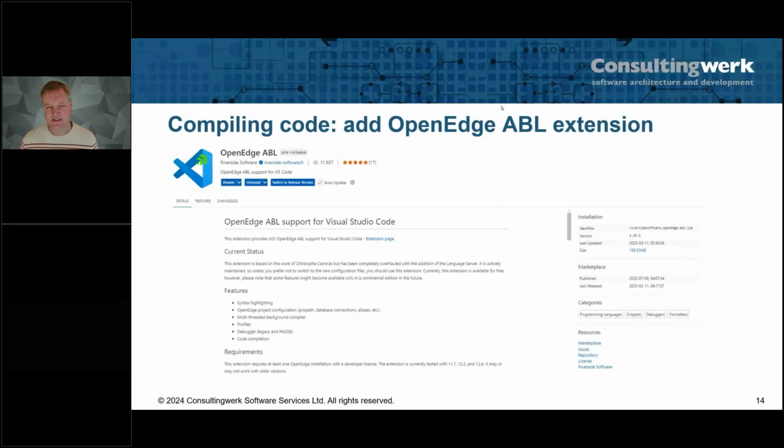It's based on a couple of older extensions that are still in the extension store, and the major difference between those and this extension is this one uses the language server. So you can have more than one of these extensions installed, but you will want to use this one.